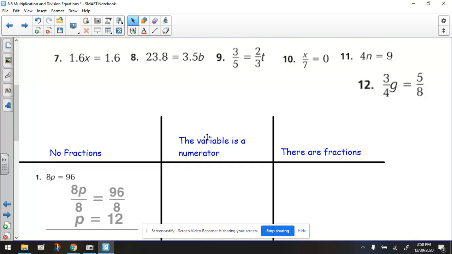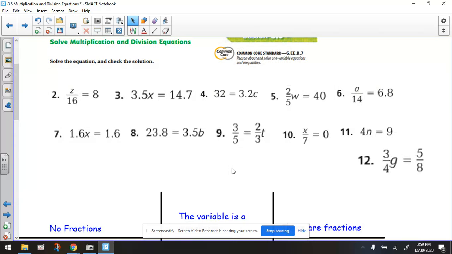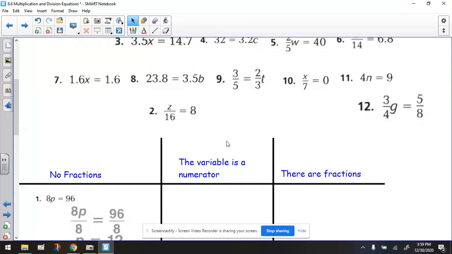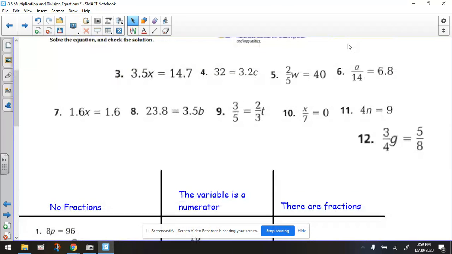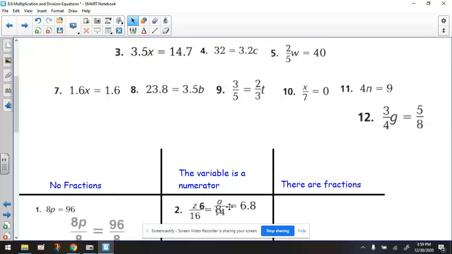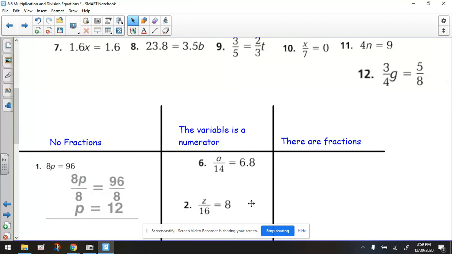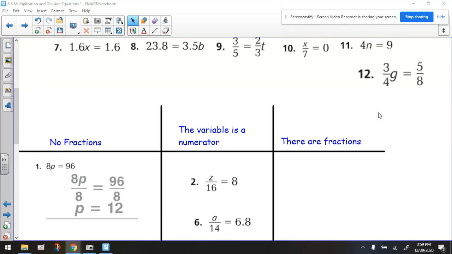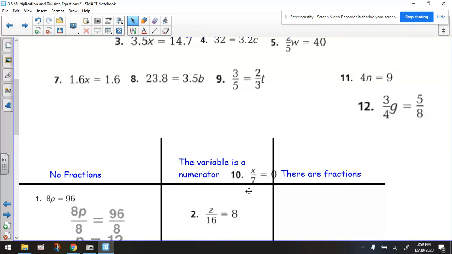There are ones where the variable is a numerator. If we look at number 6, that one's like that. Number 2 is like that, and also number 10 is like that.